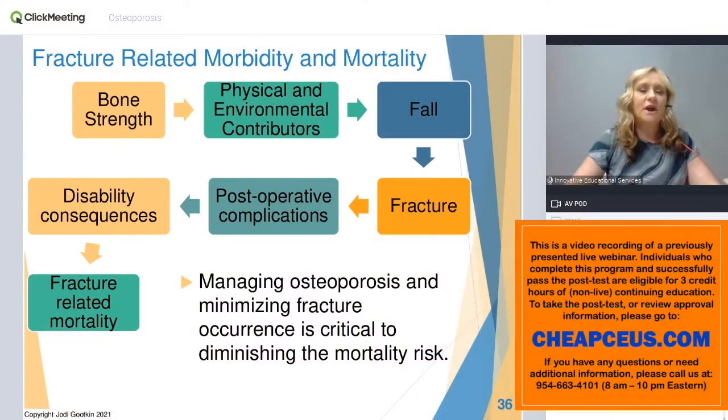The concern with fracture-related morbidity, complications, and mortality risk of death is a sequela of events because the individual has decreased bone strength, for whatever reason, whether they have other endurance or balance compromise from concurrent diagnoses or environmental factors. Whatever leads to their fall or their cough or sneeze in the inappropriate position, the individual sustains that fragility fracture.